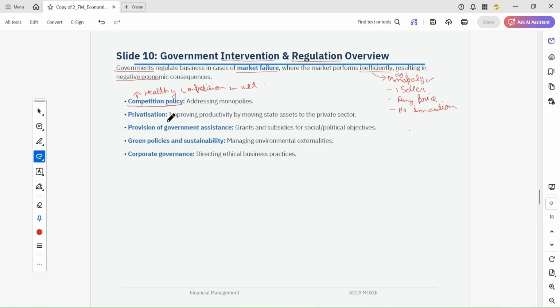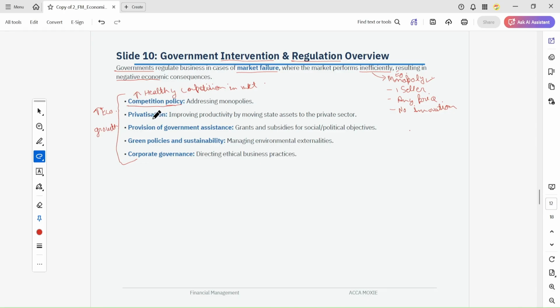These are the steps government takes in order to increase economic growth.